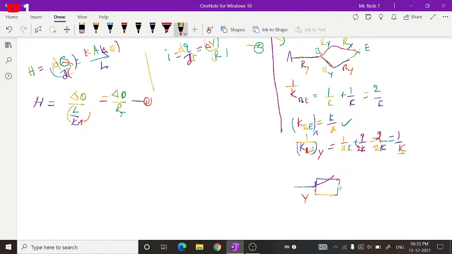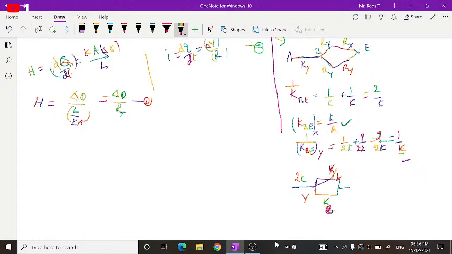These two rods are connected in parallel. So this has thermal conductivity of K by 2, this has K by 2, this has K, this has K, so this has 2K. So these rods are in parallel.